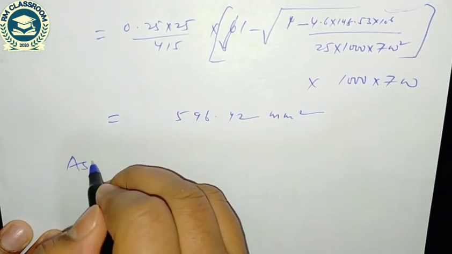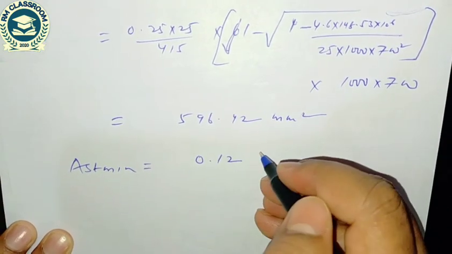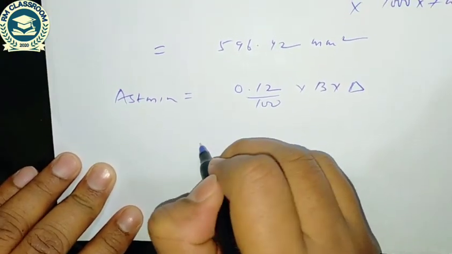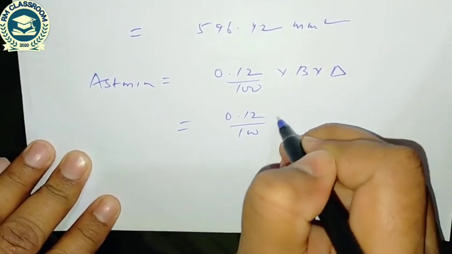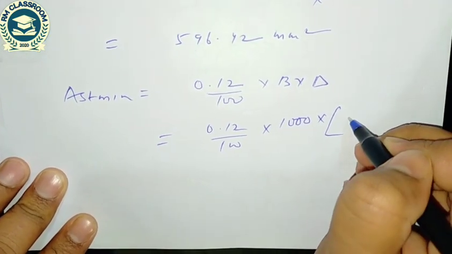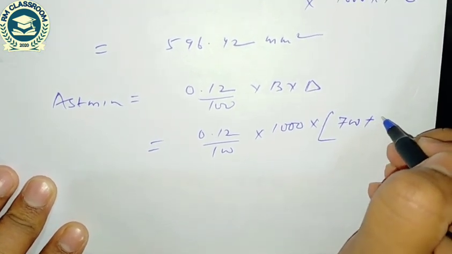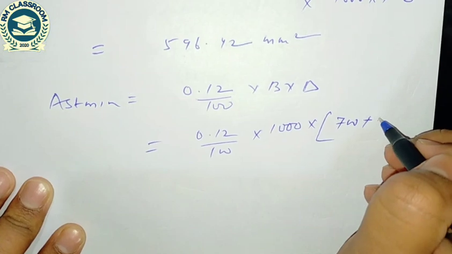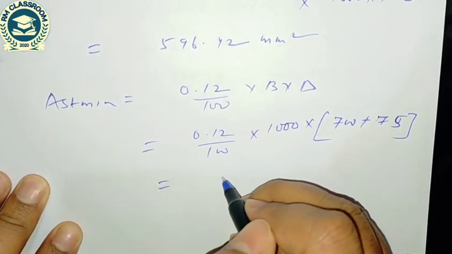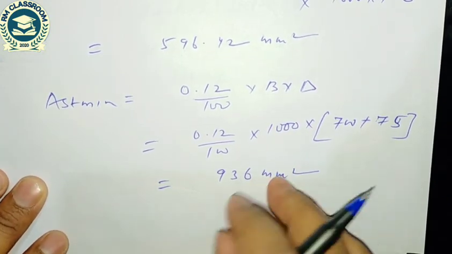So AST minimum, in footing, is also the same as slab, 0.12% of B into D. So minimum area of steel is 0.12 divided by 100 into 1000 into D. Effective depth is 700 plus, let us take 75 mm clear effective cover, so it is coming 936 mm square.